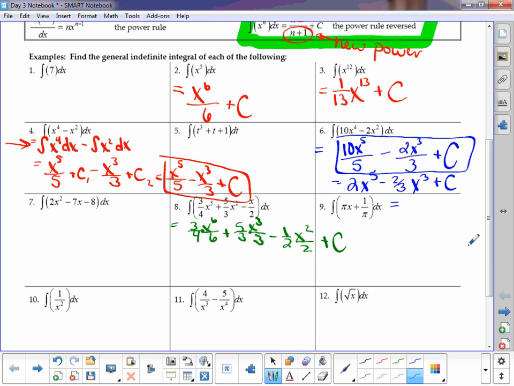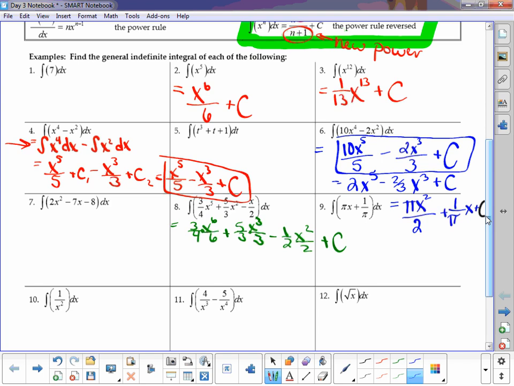Okay, did we get pi x squared divided by 2 plus 1 over pi x plus c? Or x over pi plus c? So is pi a variable?